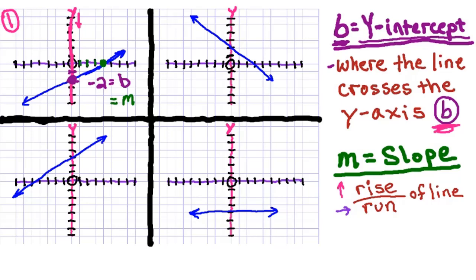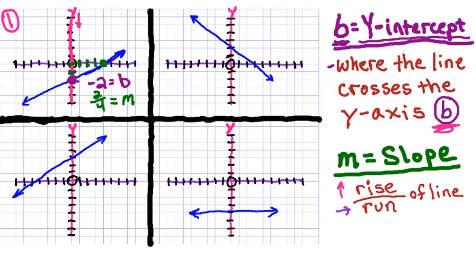So the rise from this y-intercept dot would be 1, 2, and the run would be the 1, 2, 3, 4 over to where the line crosses the x-axis. So the slope would be 2/4 in this graph.